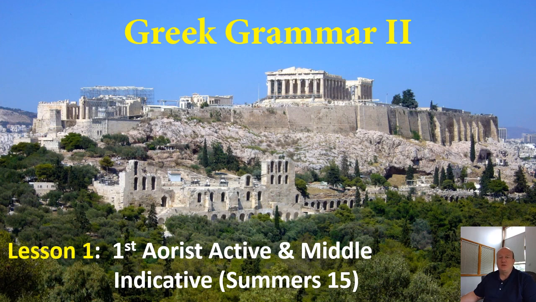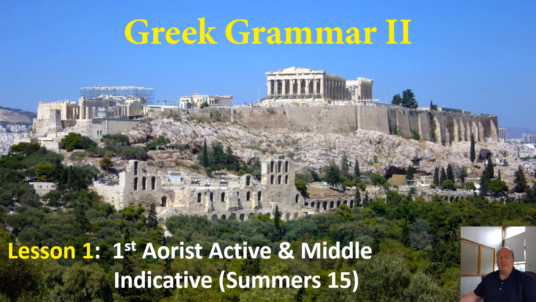Now in this semester, what we're going to do is look at further forms of the Greek verb, especially. It'll be very intensive in terms of verbs and verbals. And by verbals, I mean participles and infinitives. But we're also going to look at further forms of the Greek verb. The aorist, as we'll see in this lesson, the first aorist form, the second aorist form in the next lesson.